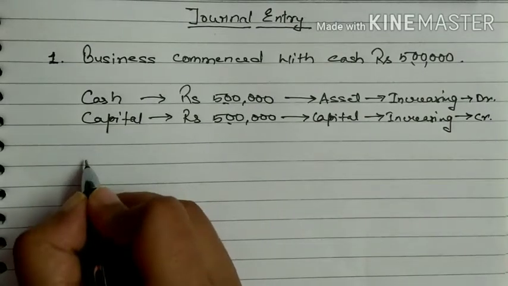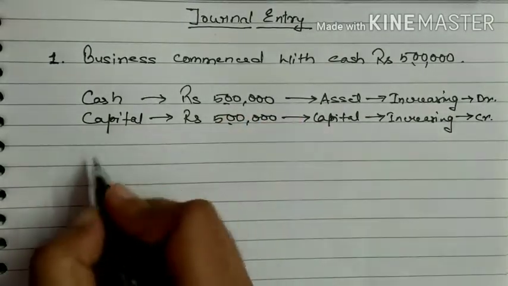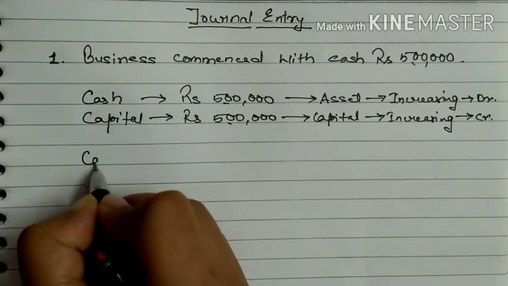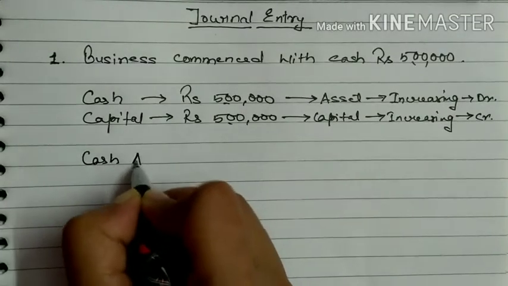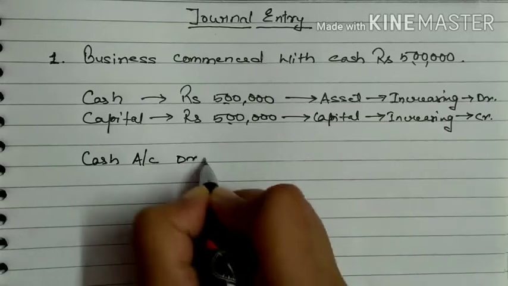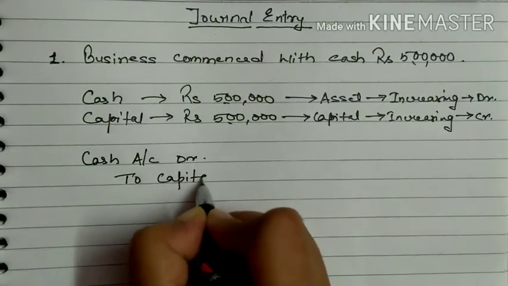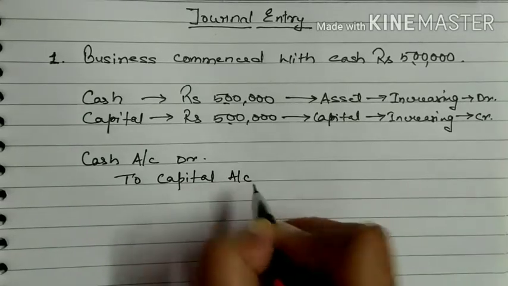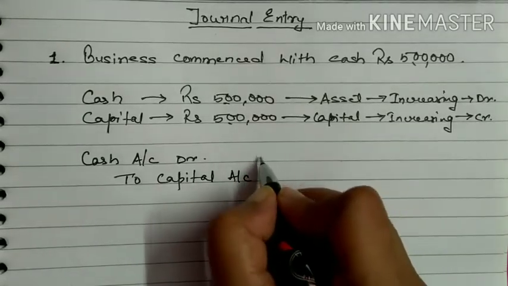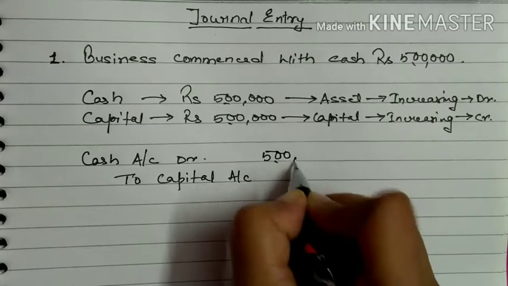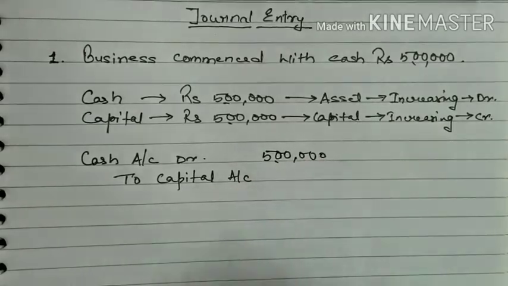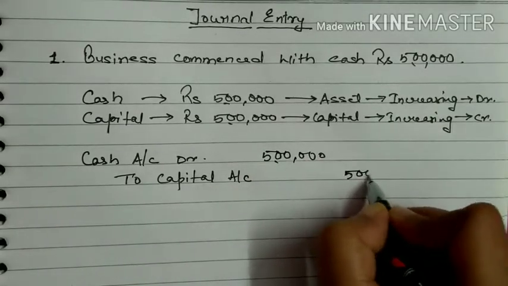So we will write the entry as cash account debit to capital account, and we'll write the amount. This has to be done in columns.